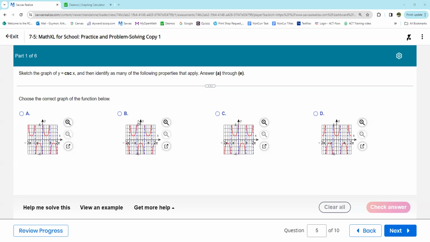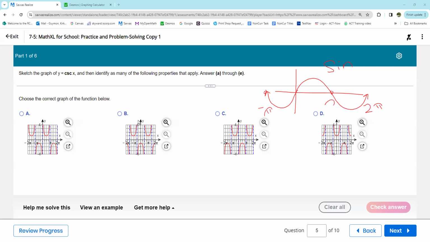We are taking a look at the cosecant graph. Remember when we talked about this in class, there was a reciprocal here, the cosecant being the reciprocal of the sine. I'm just not going to go through all that again, but that was my sine graph, ending the period at 2 pi. Over here, that'll be a negative pi.